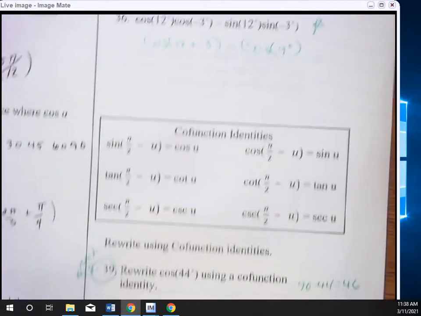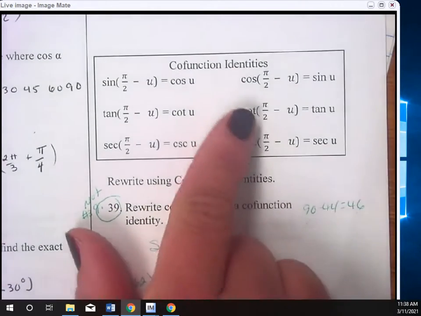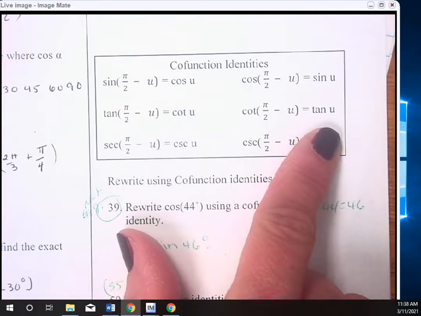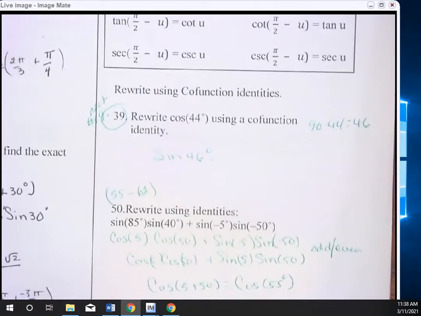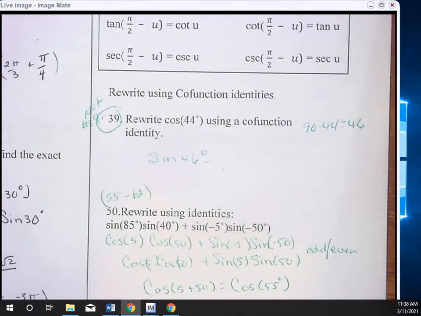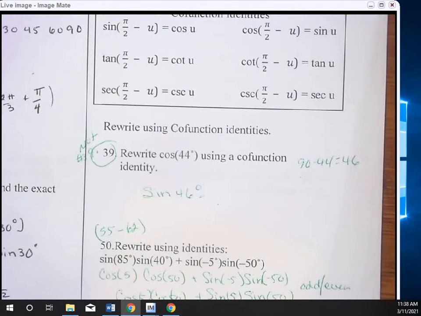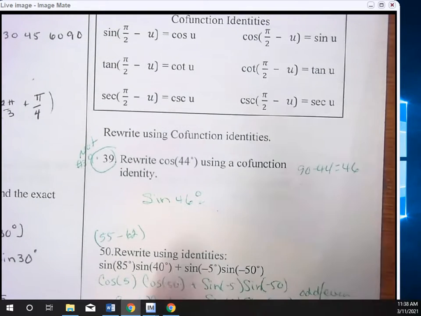The next set are called cofunction identities, and you're going to need to have those in your note-taking as well. If you're going to rewrite the cosine using the cofunction, all of these are pi over 2, and 44 is in degrees.